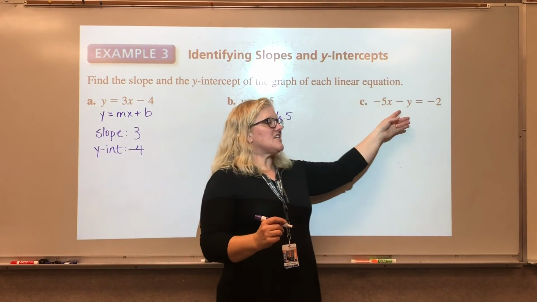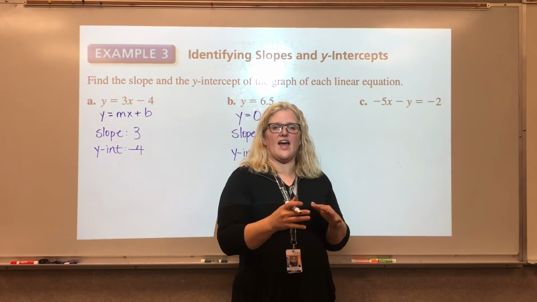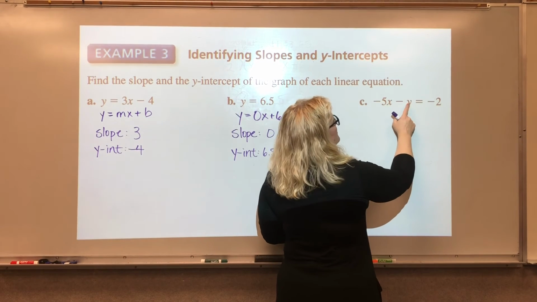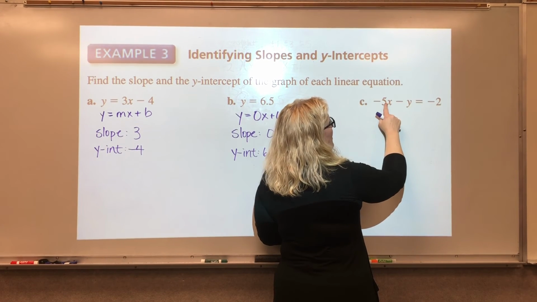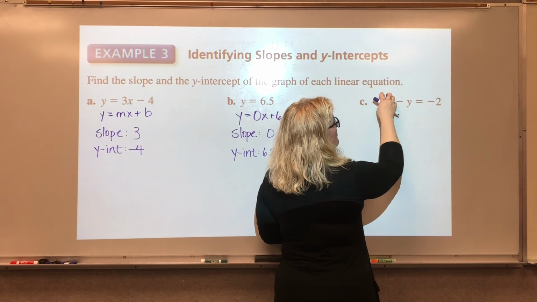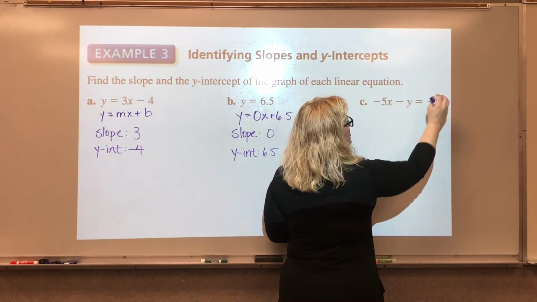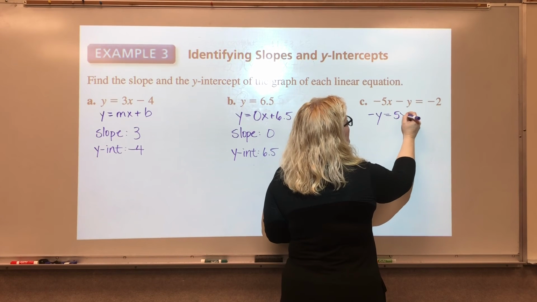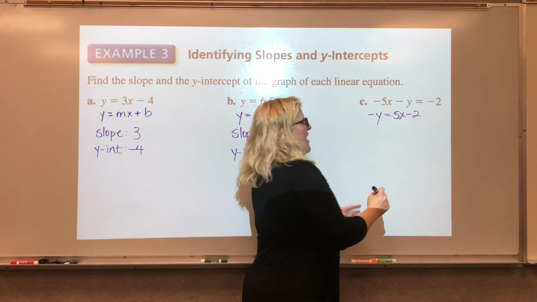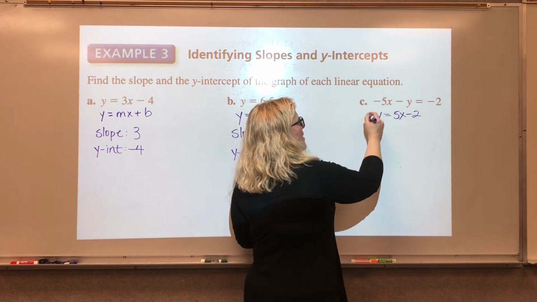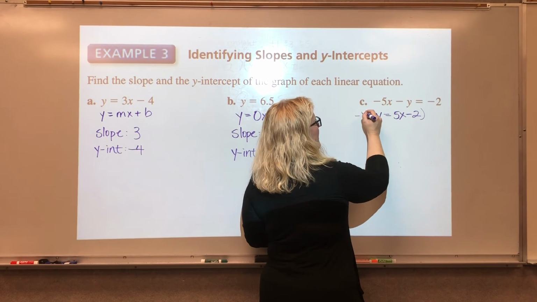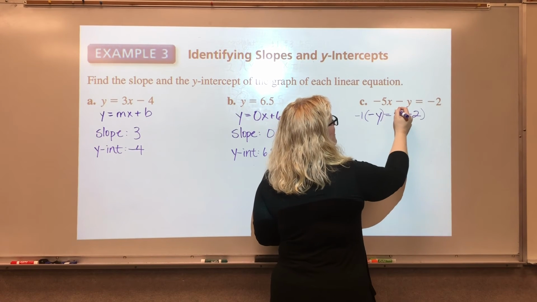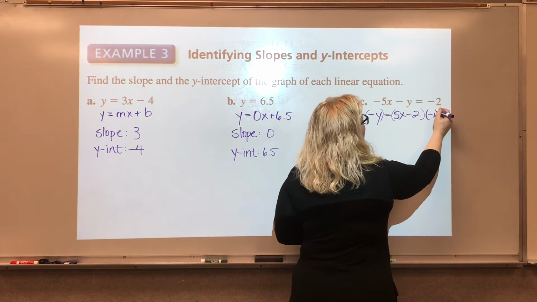Okay, and over here I need to do a little changing around, and I've asked you guys to do this too. You've done this on some warm-ups, I think. So I'm going to get y by itself. So I'm going to add 5x to both sides, or I'm going to take 5x, move it over here, and change the sign. So I have negative y equals 5x minus 2. And now I have a negative y, so I'm going to multiply the whole thing through by -1, meaning I'm multiplying both sides by -1.